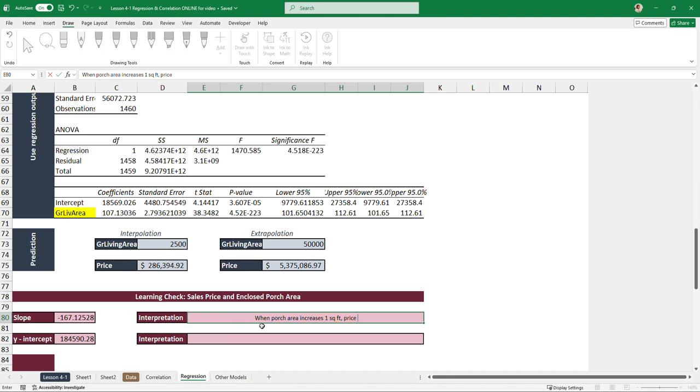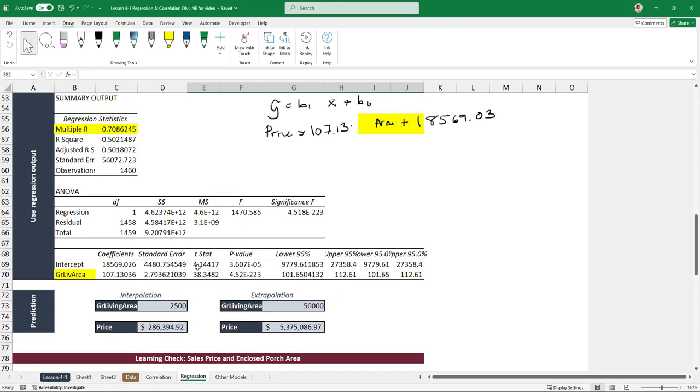Because it's a negative number, this represents a negative correlation, meaning the price will decrease by $167.13 when you have increasing porch area. So apparently having a big porch actually decreases the value of your home, maybe because it's an older feature and people now don't typically have porches.